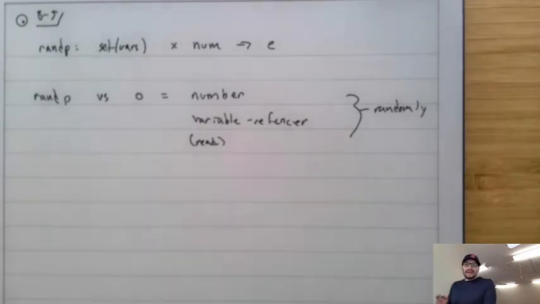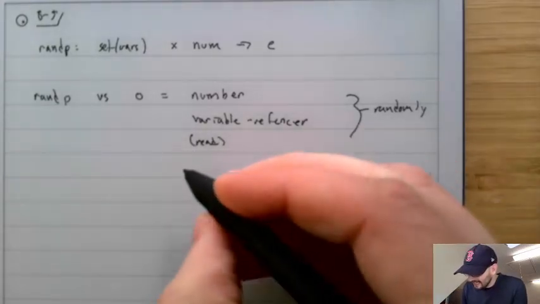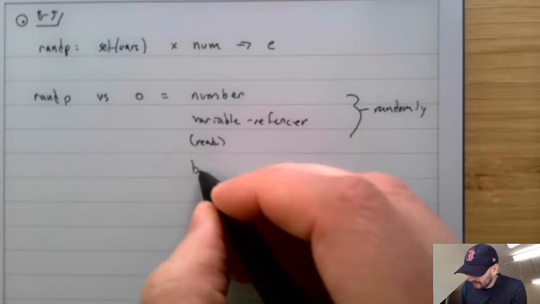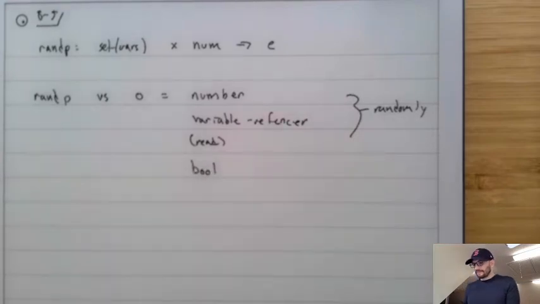Now, let's imagine that we just add an additional case for a bool right here, and we generate an addition. Well, that means that we're going to have to generate 2 subprograms, one on the left and one on the right.